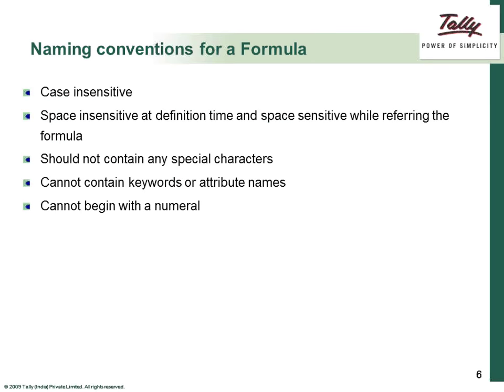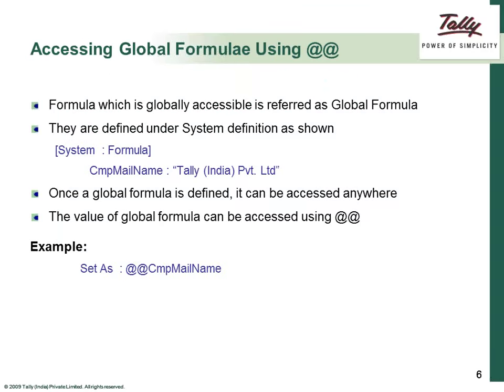Right. So the naming conventions for formula. This is case insensitive, so whether you write a capital G or a small g does not make a difference. It is space insensitive as a definition type, but space sensitive while referring to the formula, which means when you define it under a system formula, space does not make any difference.